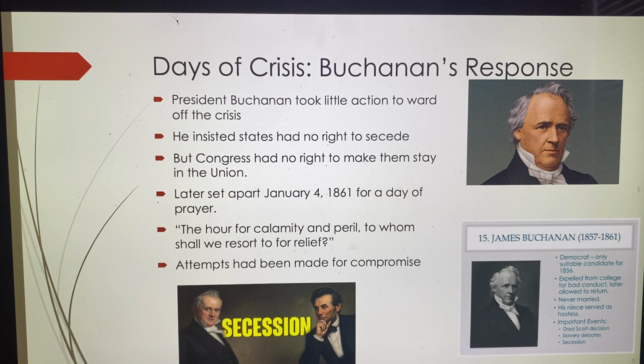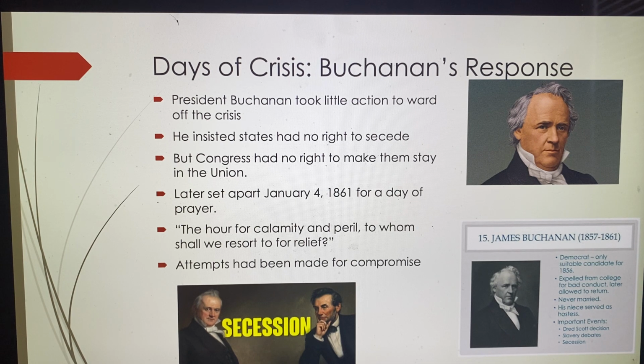He said, you cannot just secede from the Union because you want your way. So he wasn't into secession. But he also said that Congress had no right to make these states stay in the Union. So if the states wanted to secede, well, Congress had no right to make them stay.